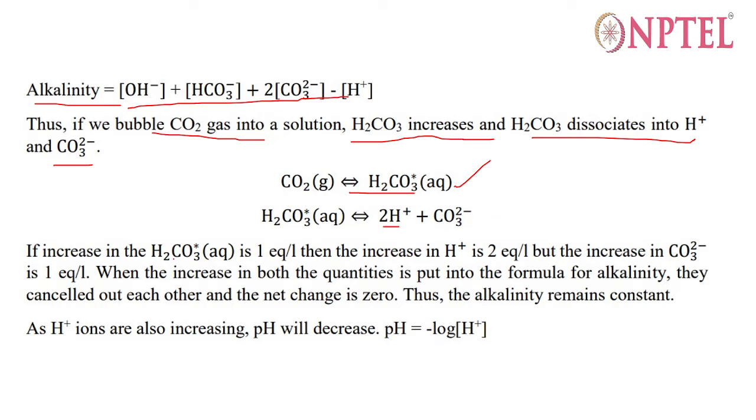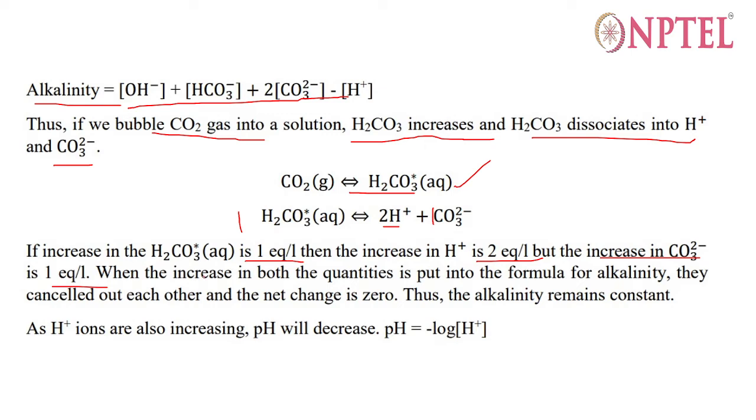So suppose the increase of H2CO3 aqueous is 1 equivalent per liter, then H plus will increase by 2 equivalent per liter, because from 1 H2CO3 I am getting 2 H plus ions. But the increase of carbonate is 1 equivalent per liter. Only one is there.